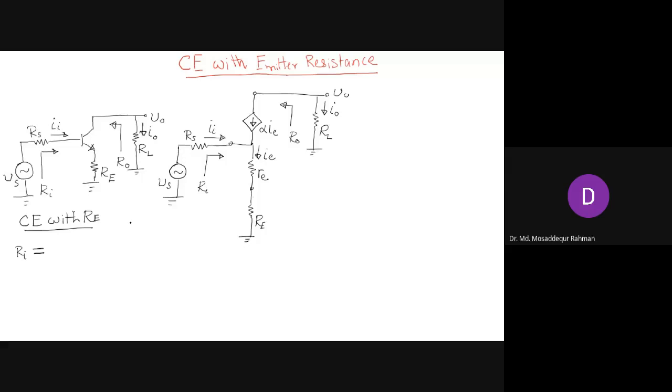So Ri, we are looking from the base side. So that is the resistance between the base point and the ground. In the emitter, we have small re and capital RE. That's in the emitter side. So we apply the resistance reflection rule, and that needs to be multiplied by beta plus 1.